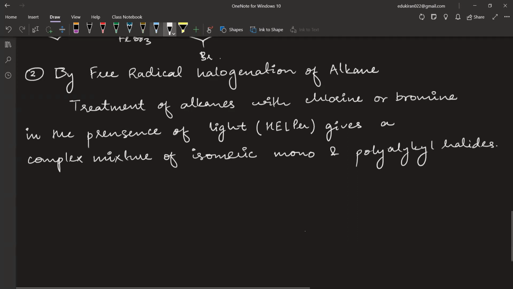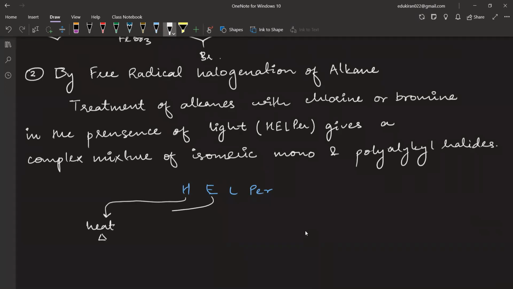Let us see what is this helper here. So in helper, H is for heat, also shown as delta.